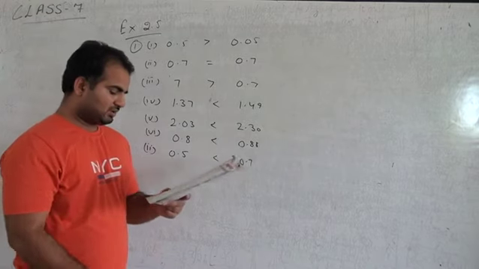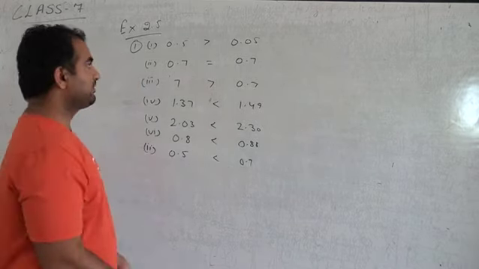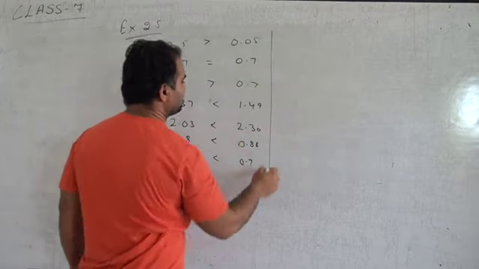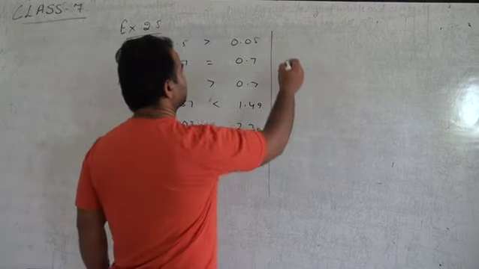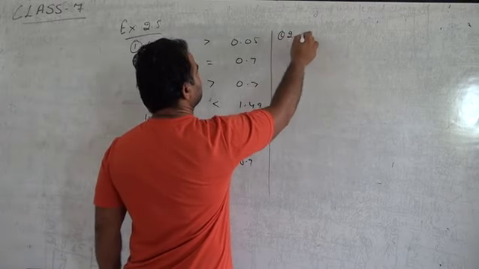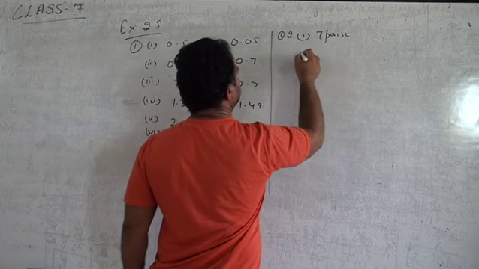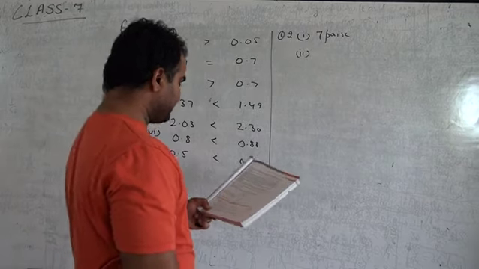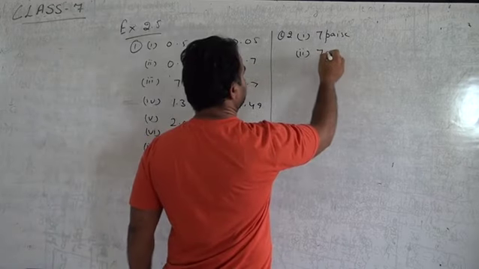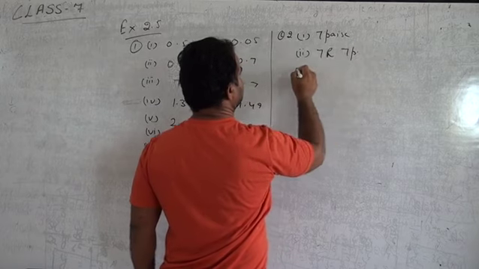Question number 2 is: express as rupees using decimals. What you have to do is express in rupees. The questions are: first, 7 paise. Second is 7 rupees 7 paise.